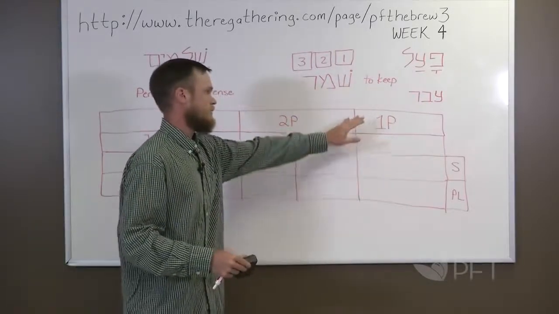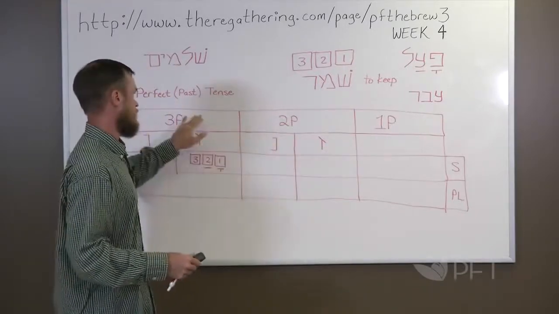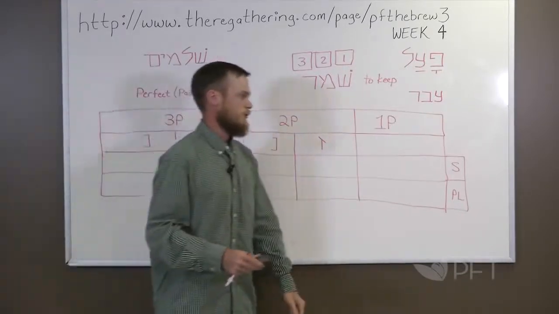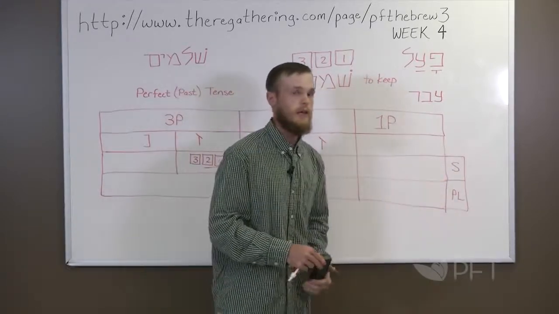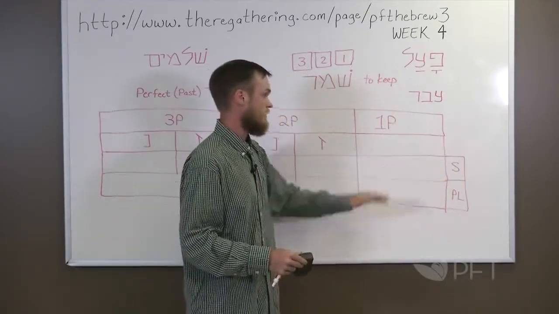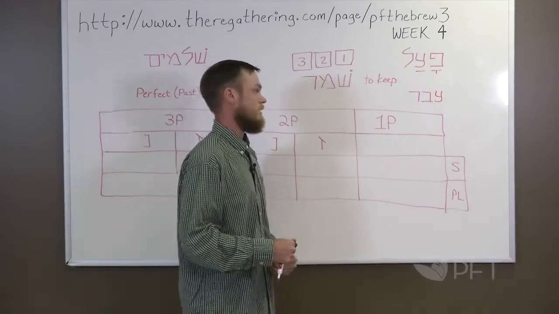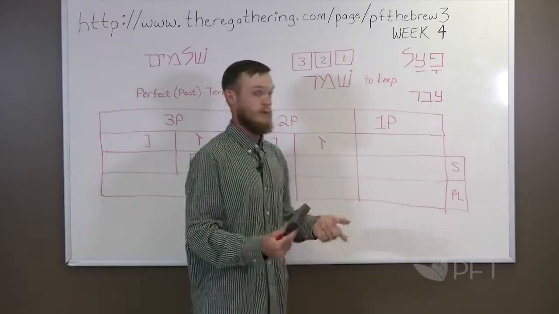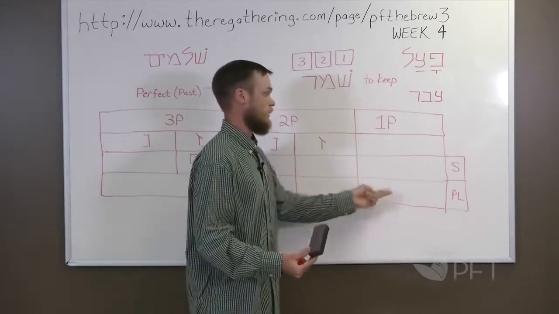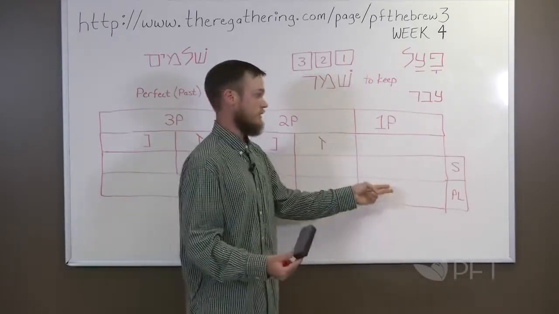So that completes the columns: first person, second person, masculine, feminine, third person, masculine, feminine, and there's a further subdivision of singular and plural. Okay, so the first person singular is me. There's one of me. I'm in the first person, and I'm singular, but we, or us, is the plural.